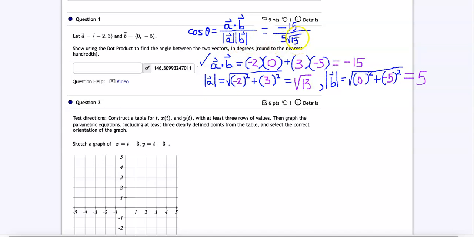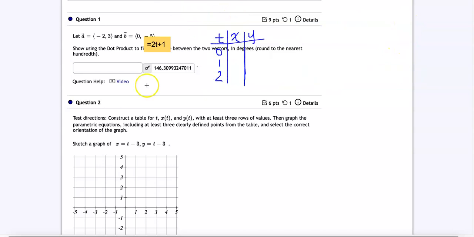The important thing is that you have both of these numbers, √13 and 5, in the denominator as a product. Now we want to take the cosine inverse of this number, and the result is that theta is equal to 146.31 degrees. Okay, perfect.